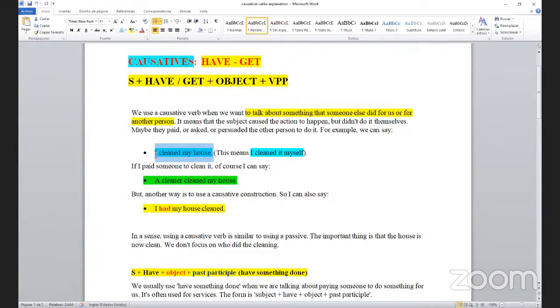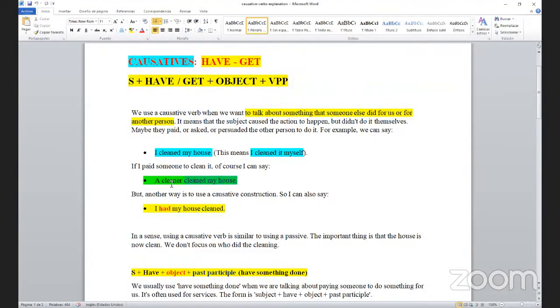It means that I cleaned it myself. I do it alone. But if I want to say that this action was done by somebody else, a cleaner cleaned my house.